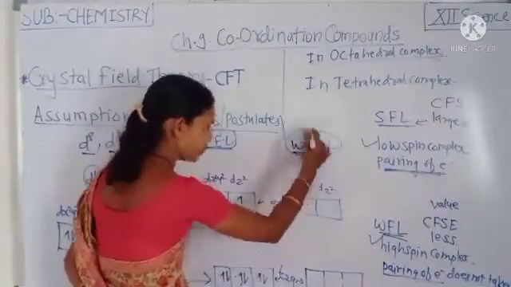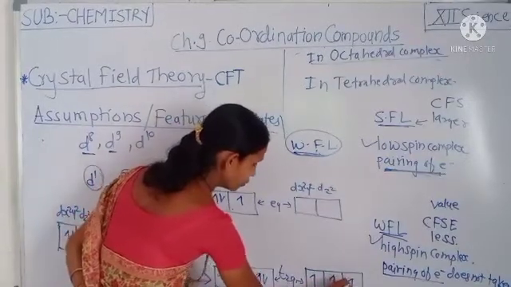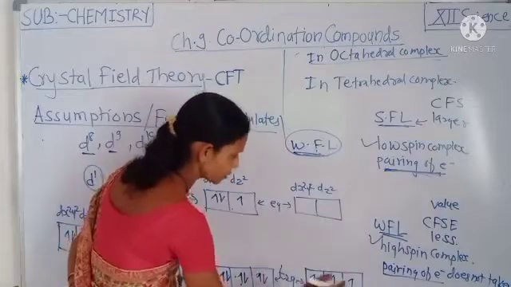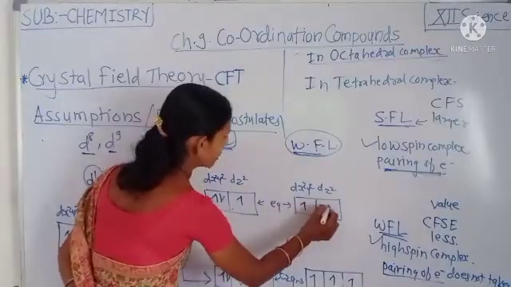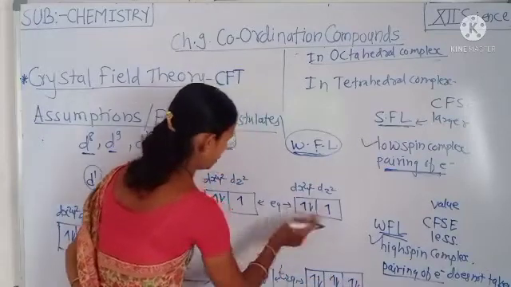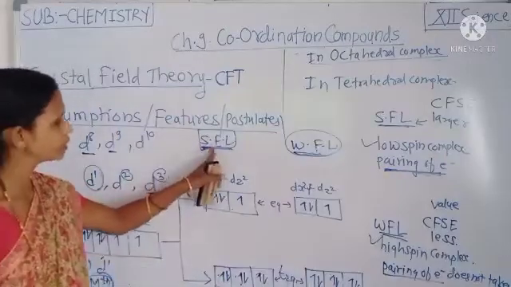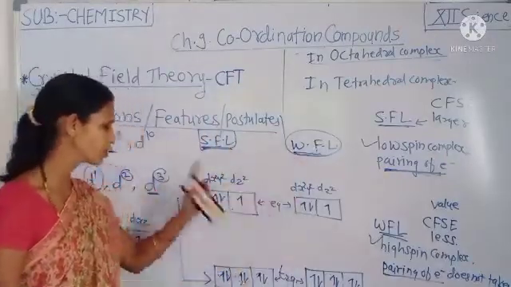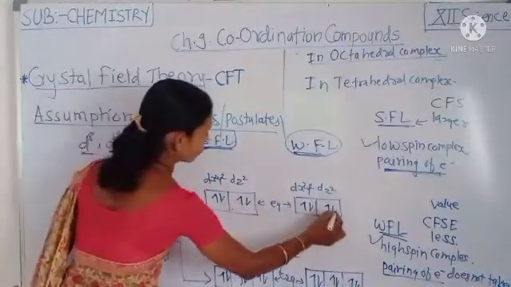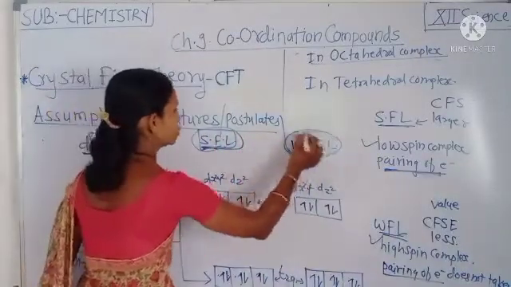If a weak field ligand approaches, the first, second and third electrons enter without pairing, then the fourth, fifth, sixth, seventh, eighth and ninth. The electronic configuration is the same for both. If there are 10 electrons, the configuration is also the same for both types of ligands.